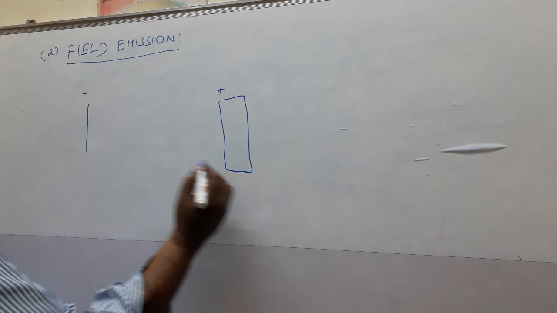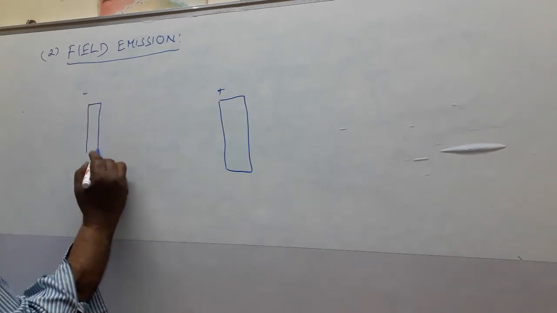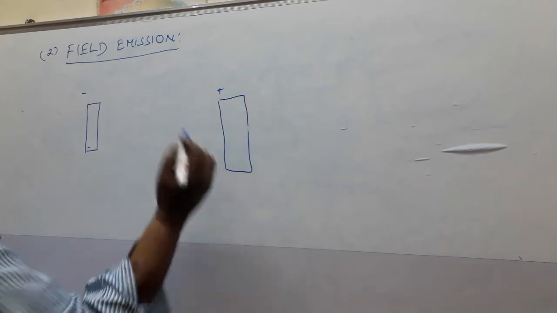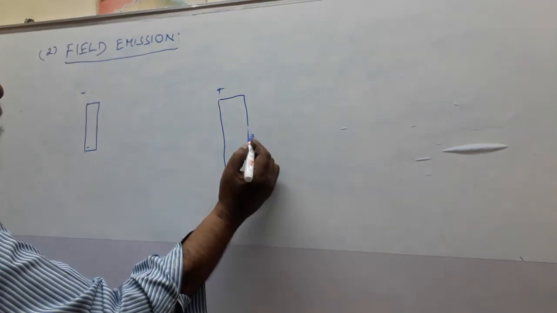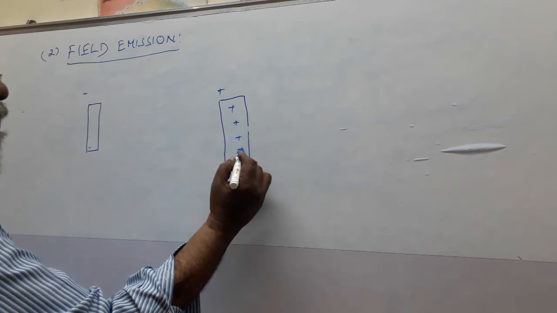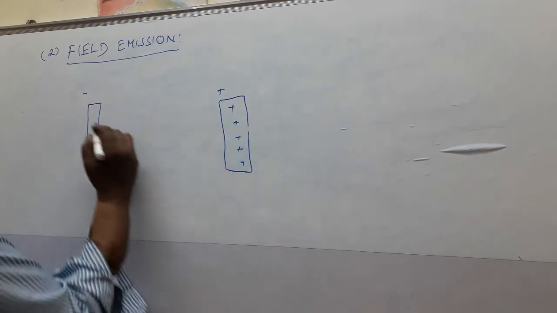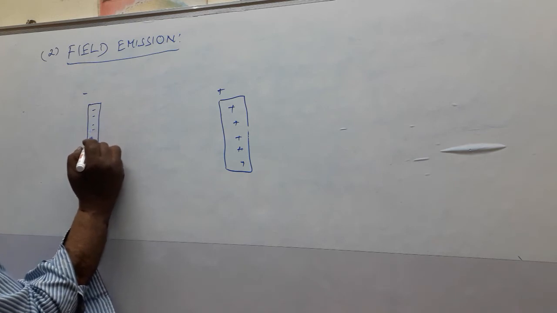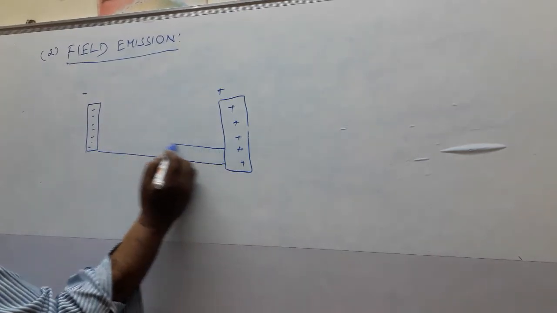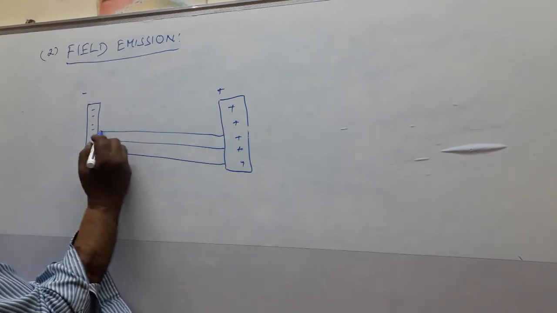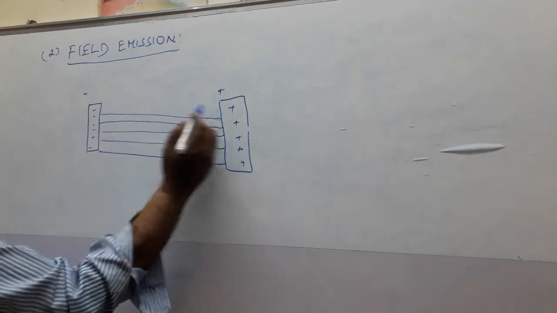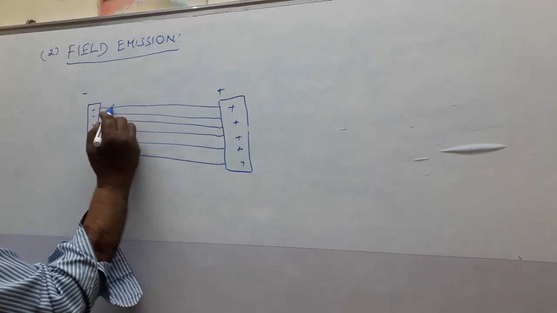This is the negative plate and this one is the positive plate. Then what will happen? Because of the positive and negative plates, there will be an intensified electric field moving in this direction.